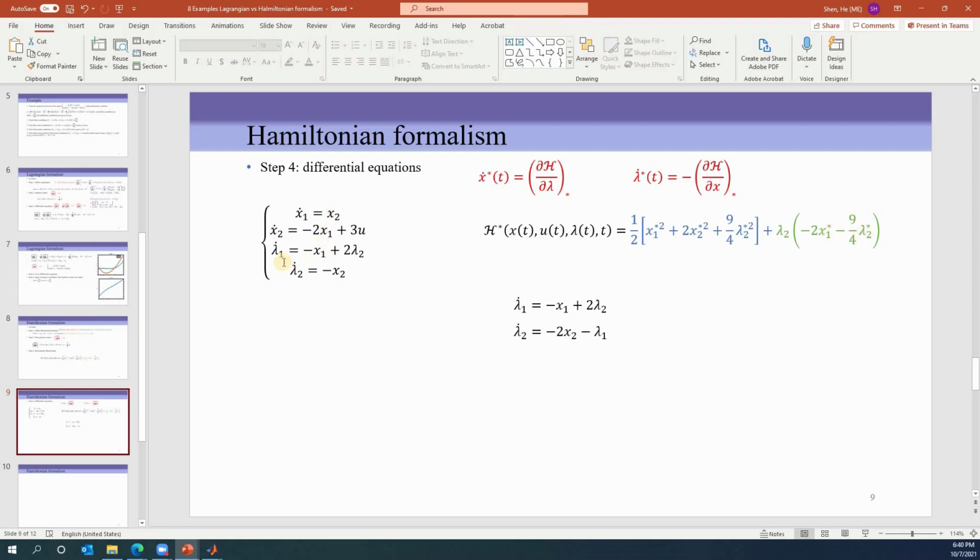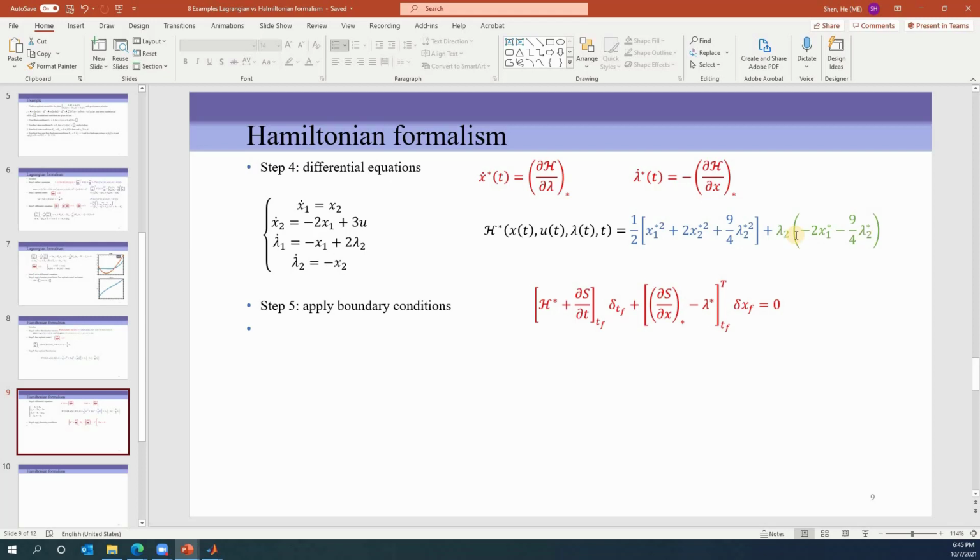The first equation, lambda 1 dot is equal to negative x1 plus 2 lambda 2, is the same. The next equation is different. Lambda 2 dot is equal to x2, lambda 1, x2 on the previous page. I think we forgot about that.